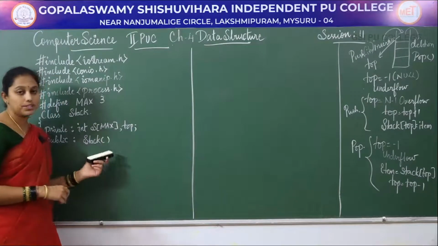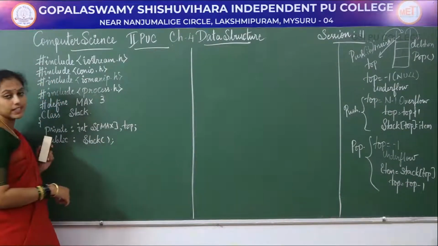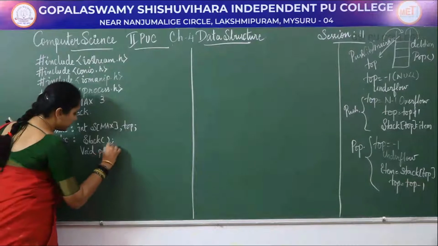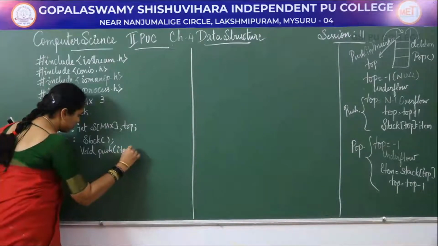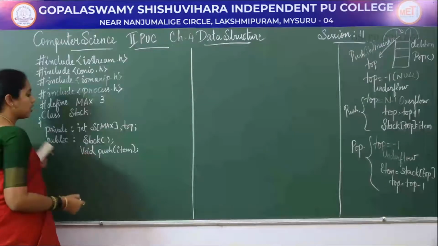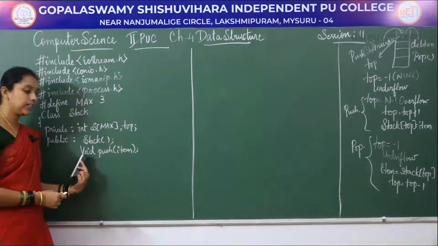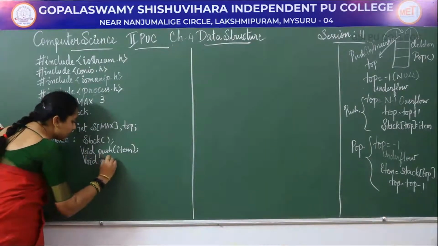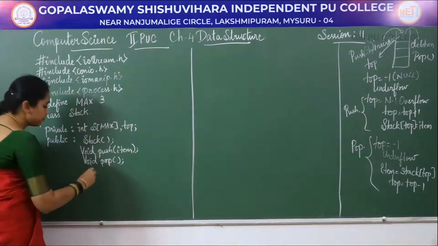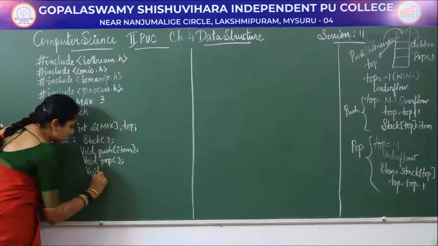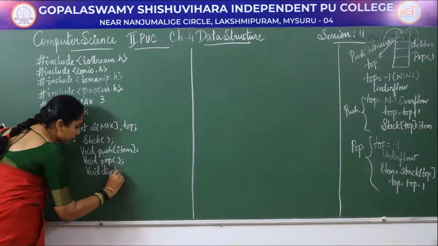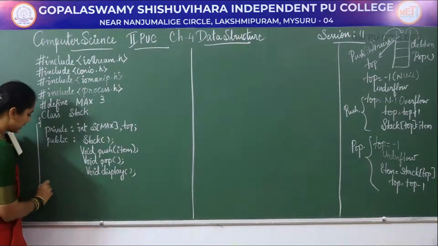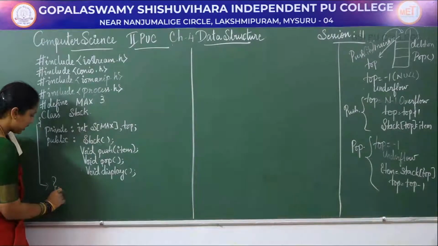Default constructor stack is used to create an empty stack, and the required functions like void push item function. The return type is void because this function is not going to return any value. And next is the pop function. Pop function is used to remove an item from the stack, and the void display function is used to display the items of the stack. I am going to close this class using a semicolon.